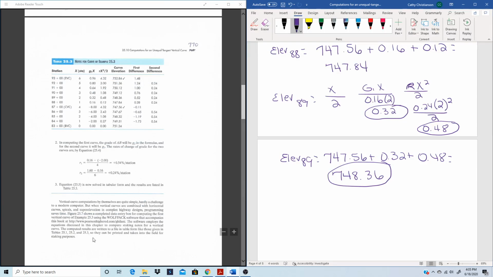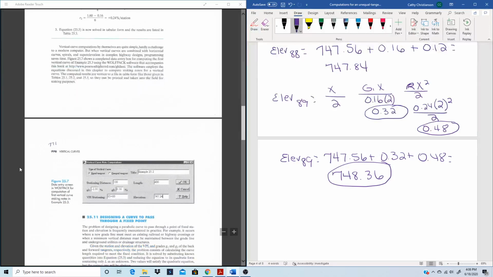And so lastly, if you wanted to check your homework, I actually put page numbers up here, so if you're using the new textbook, this would be on page 771. For the one we're going to do, it would be an unequal tangent, and this one actually was an equal one. Well, no, they're doing both of them. They're separating it up.